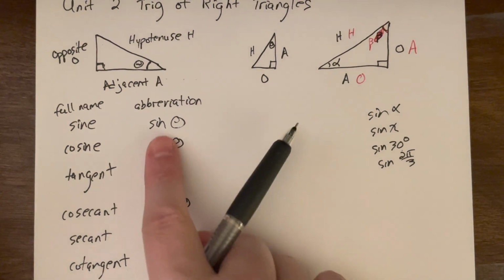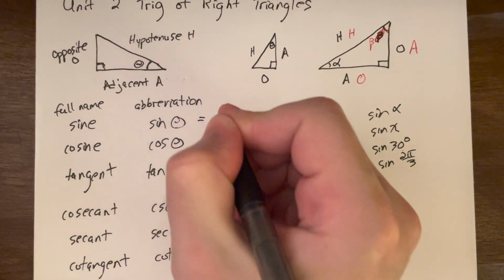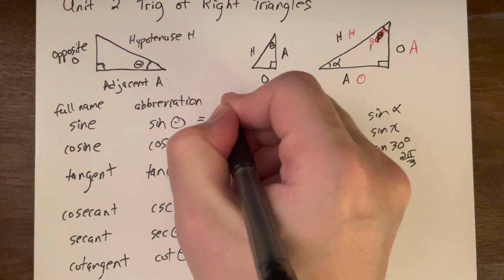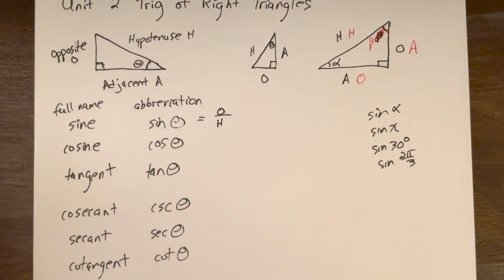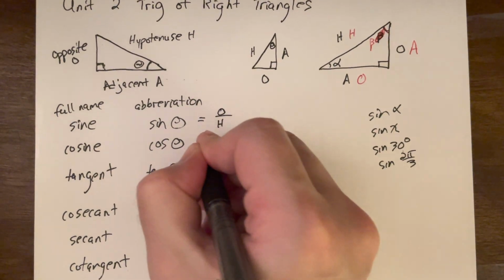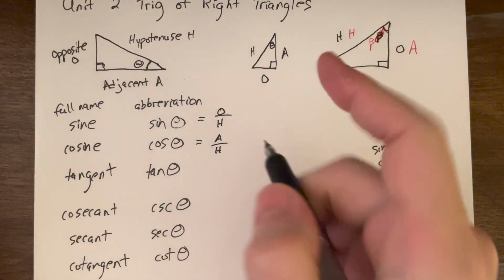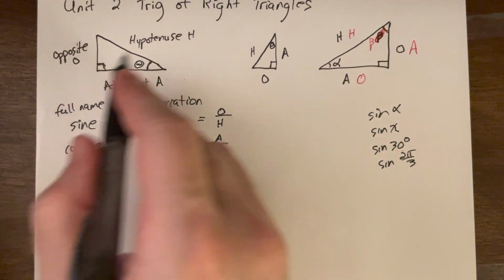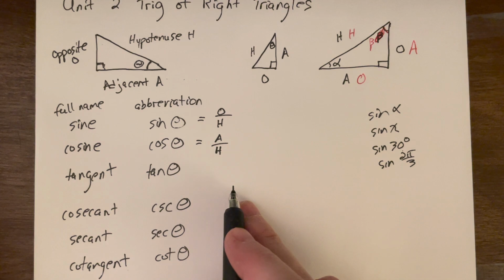Now, with that setup, we've got our angle. Now we get the definition. Sine of theta is the opposite side over the hypotenuse. Cosine of theta is the adjacent side over the hypotenuse. I'm already just abbreviating, right? I've already established what O, H, and A all stand for, so I'm just using those right here.